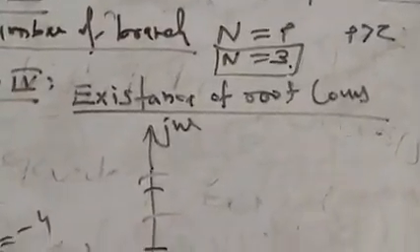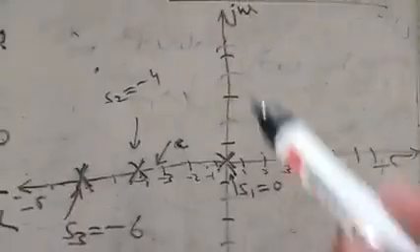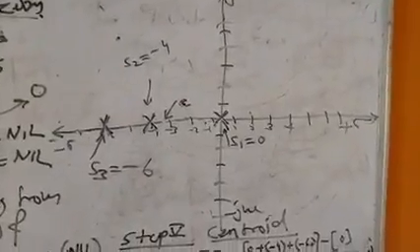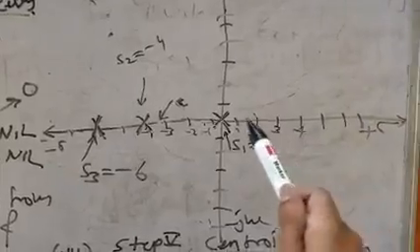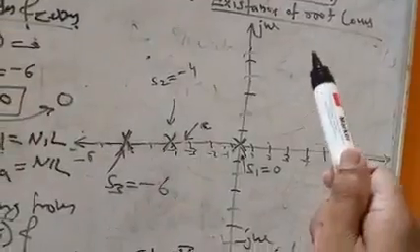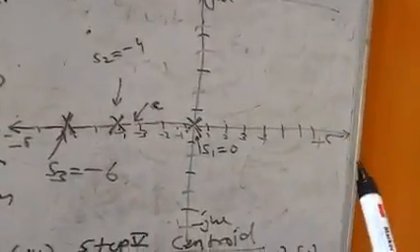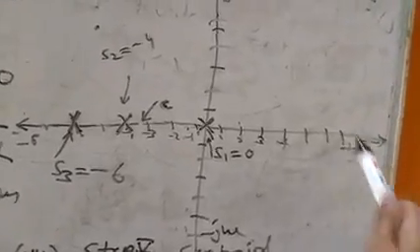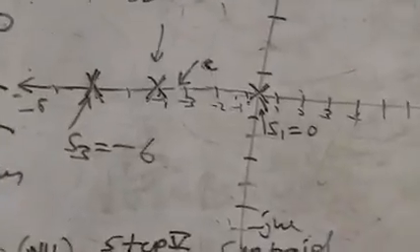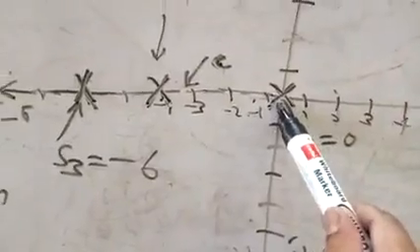Next is the existence of root locus. It is a very important point. So first draw one s-plane, and indicate the partition by 1, 2, 3, 4. The y-axis is indicated by j omega, the imaginary axis, and the x-axis by sigma, the real axis. So the first pole is s equal to 0. Indicate here s equal to 0.